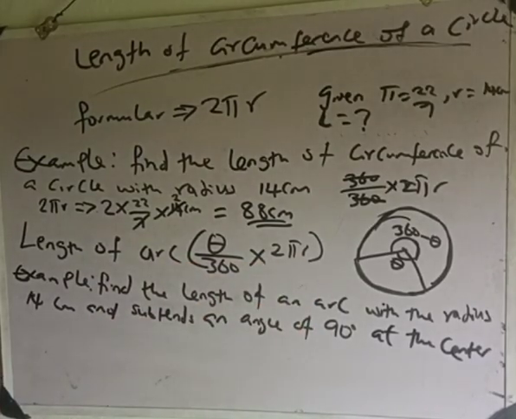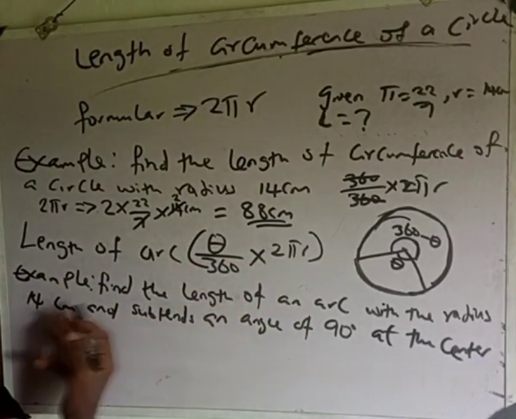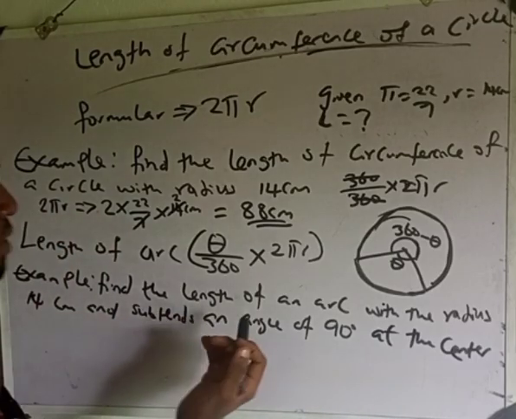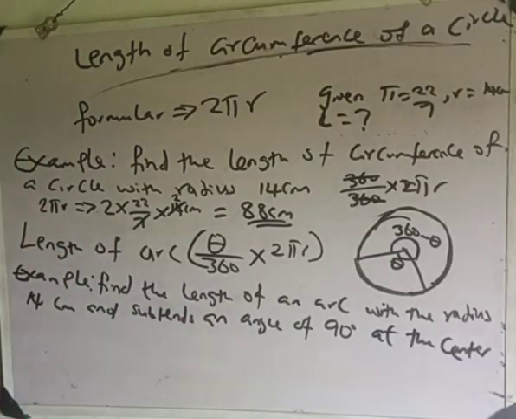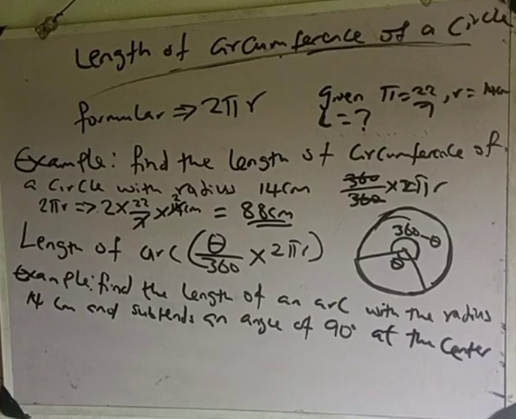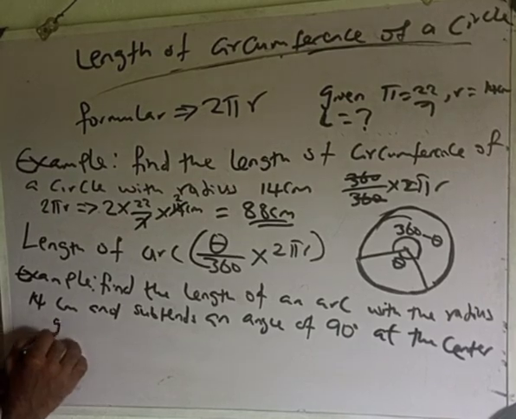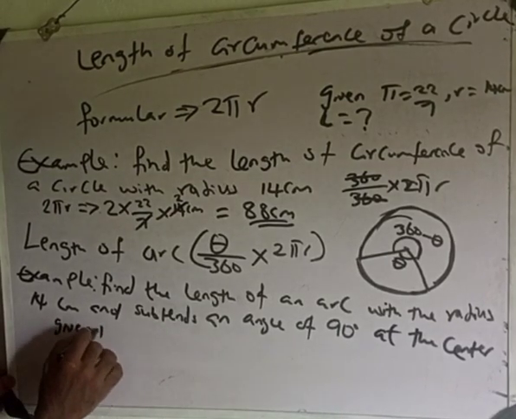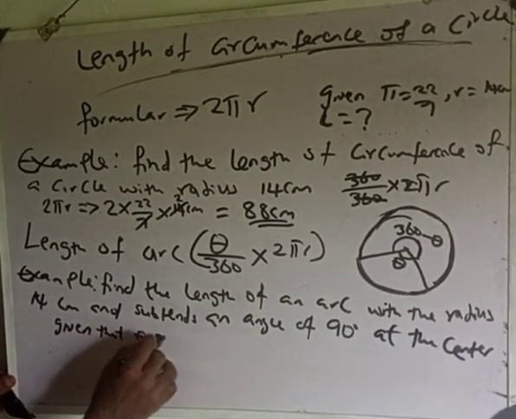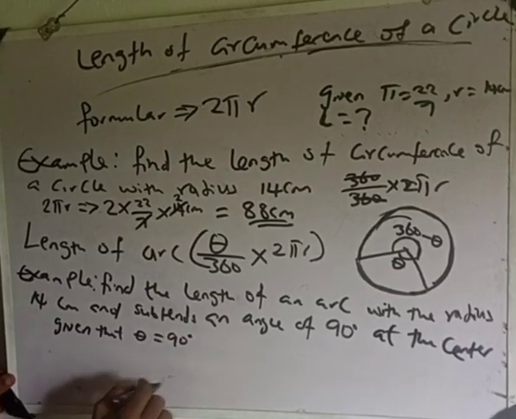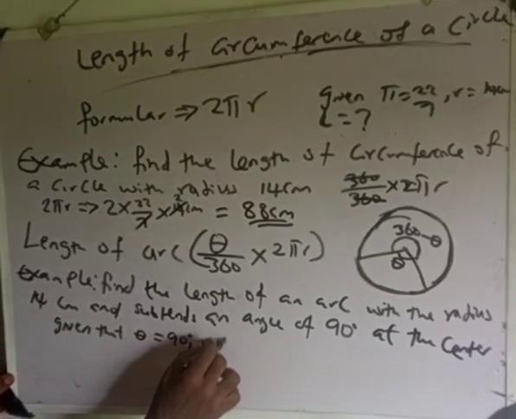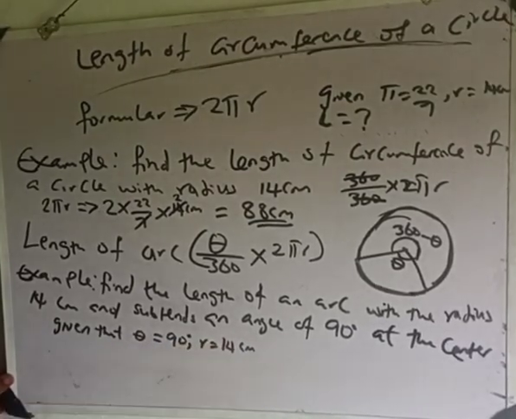So how do we go about it? Let's say, for instance, in this example, we have to find the length of an arc with radius 14 cm that sustains an angle of 90 degrees at the center. So we are given that theta is equal to 90 degrees, right? We're also given that radius is equal to 14 cm, right?